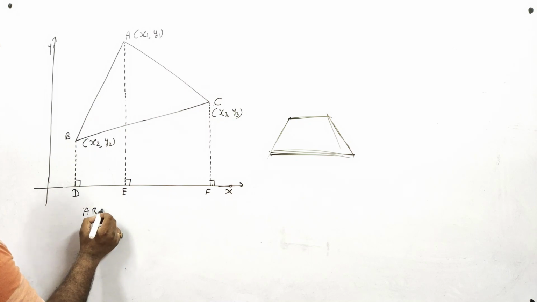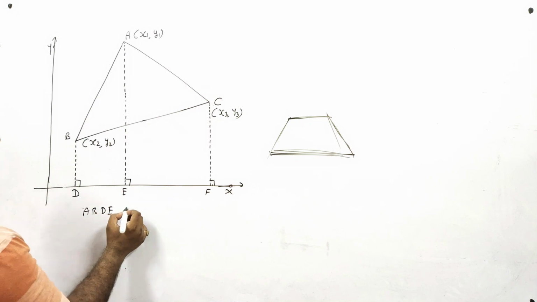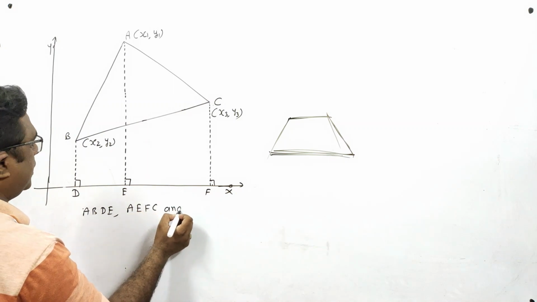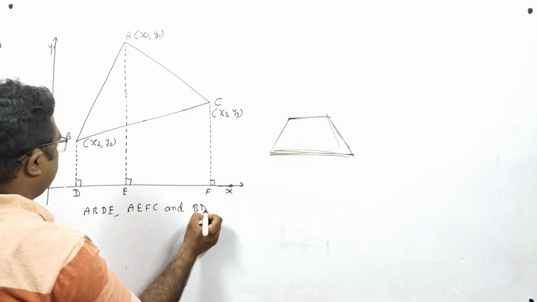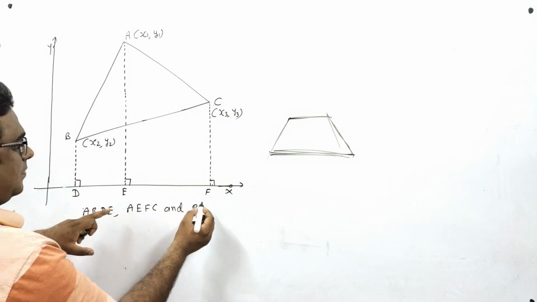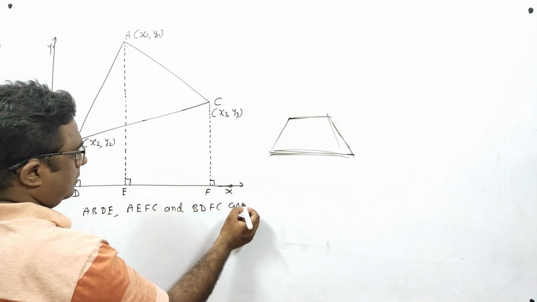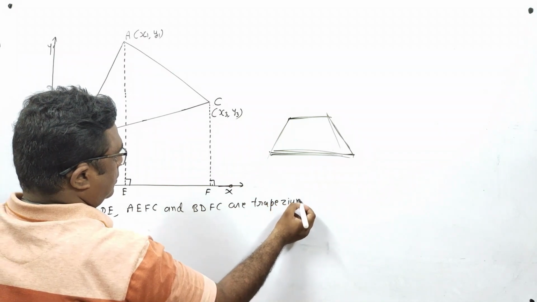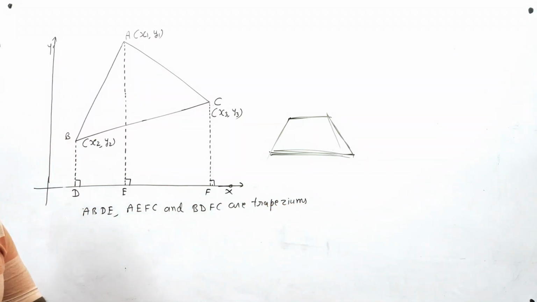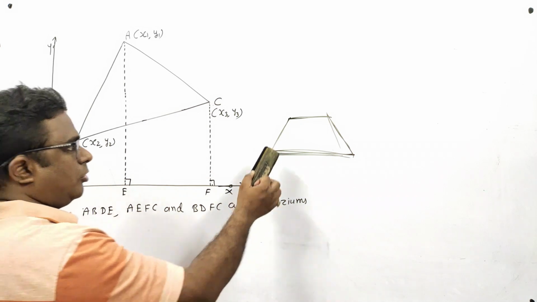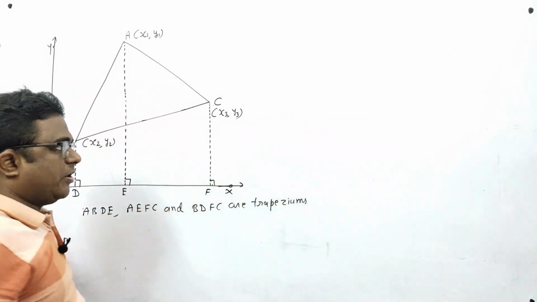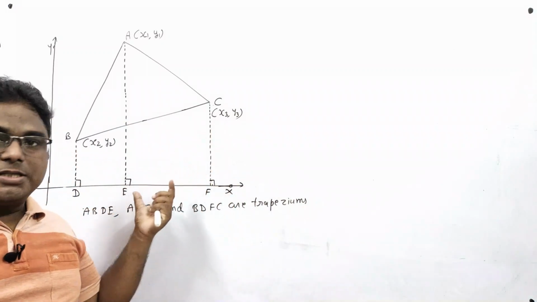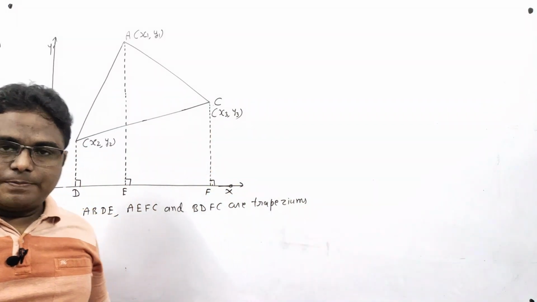ABDE, AEFC and BDFC are trapeziums. It is very important to understand this: if you want to do the proof of the formula of area, then first of all you will have to recognize that this figure is having three trapeziums.